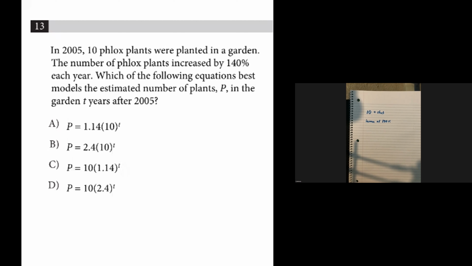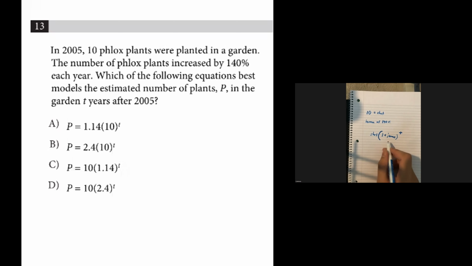And so for these questions, these exponential type questions, you have the start times 1 plus whatever the increase is, to the power of time.